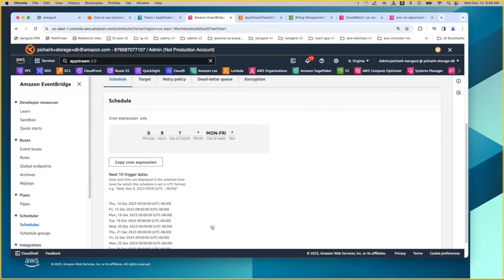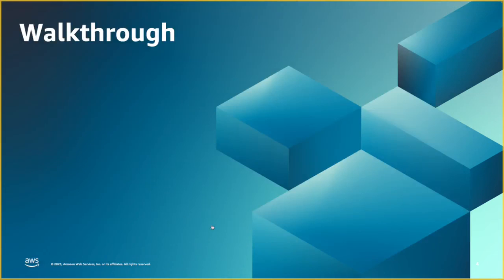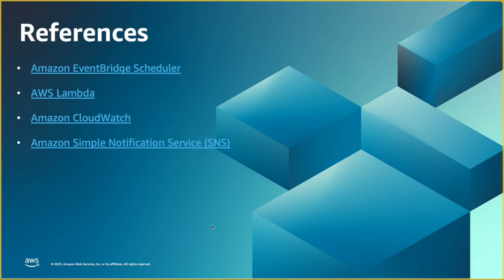So let me switch back to the console presentation. So we did a walkthrough of the entire blog post and saw this in action of stopping and starting the AppStream fleets. To conclude, I wanted to share these reference links from the official documentation here.